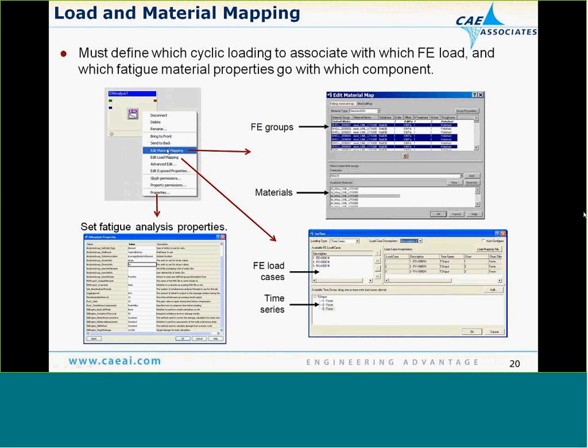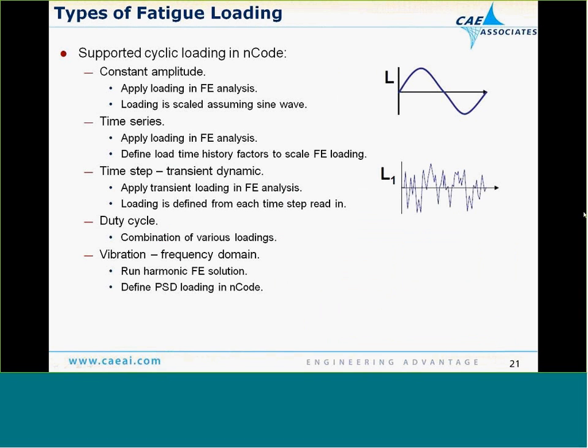And those three things are done by right-clicking on top of the analysis glyph. As you see there, if you right-click and the menu pops up, you can edit the material mapping, load mapping, and properties of this analysis. And I will be showing a little more detail on those during the demo.